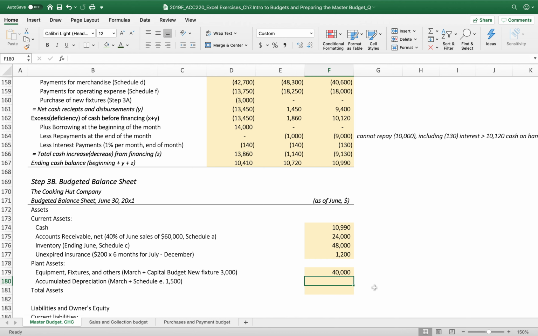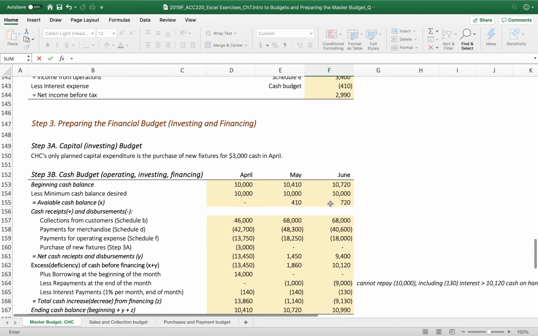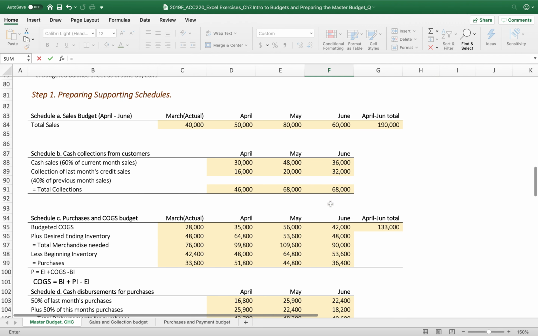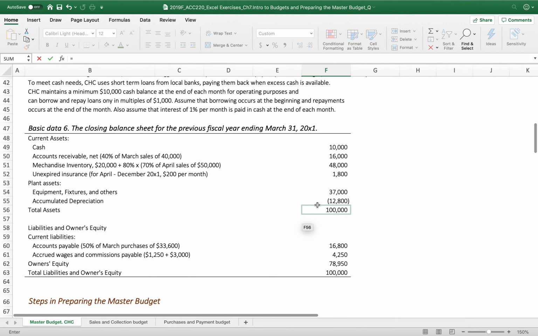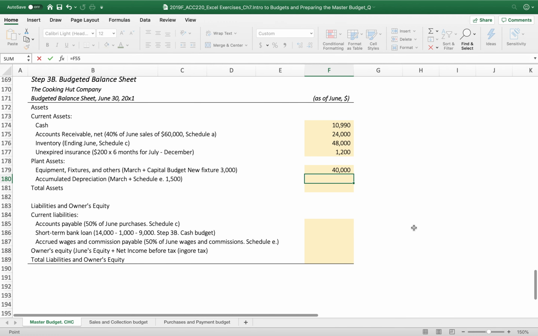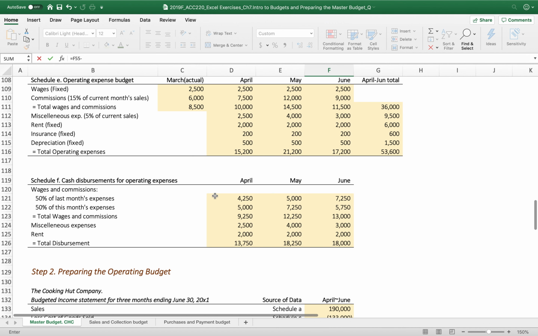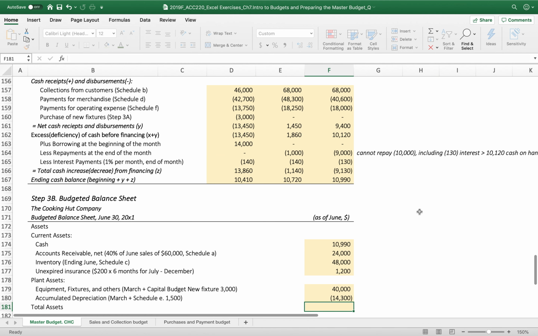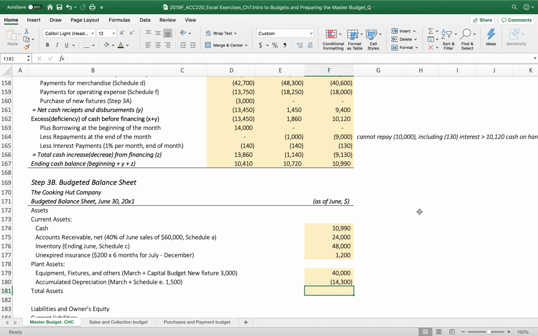And then what about the accumulated depreciation? We have the ending balance of March here, accumulated depreciation 12,800. Then we also put the Schedule E, accumulated depreciation 1,500, right? So the total accumulated depreciation as of June on the budgeted balance sheet is 14,300.